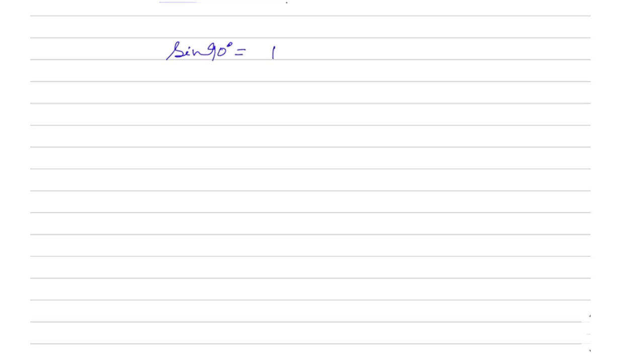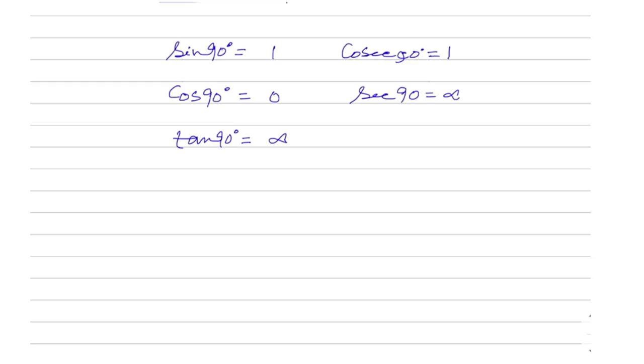Therefore sin 90 degree is equal to 1, cos 90 degree is equal to 0, tan 90 degree is equal to infinity. It is also said to be not defined. Cosec 90 degree is equal to 1, sec 90 degree is equal to infinity, and cot 90 degree is equal to 0.